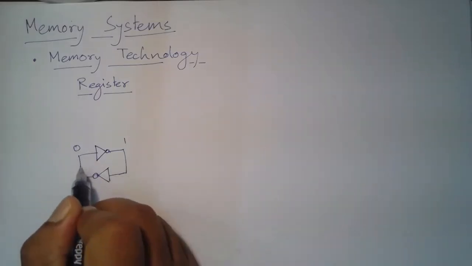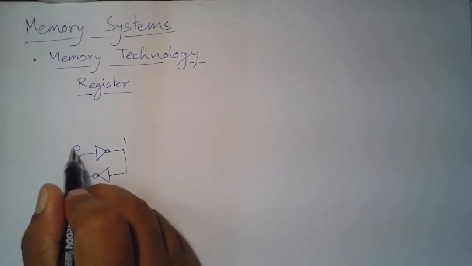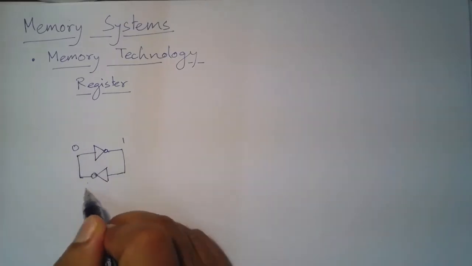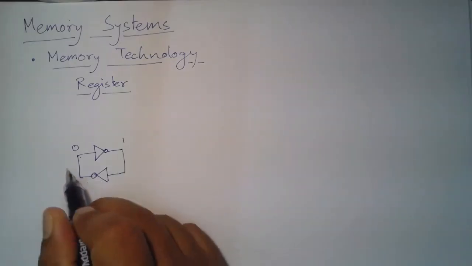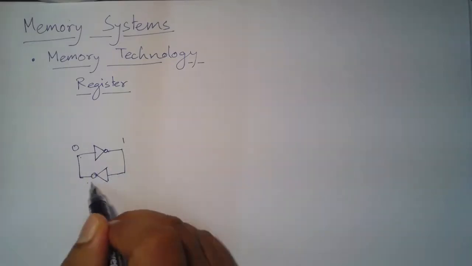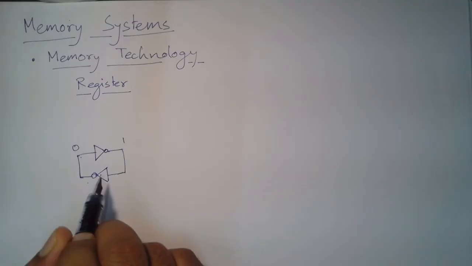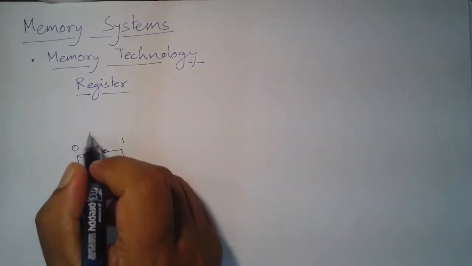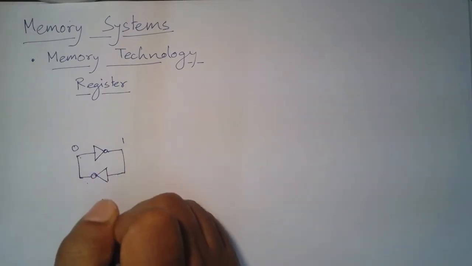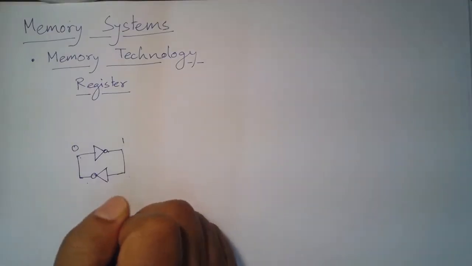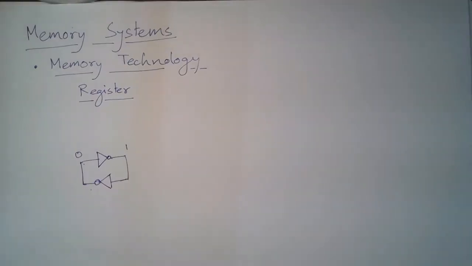So I will have some access to this part and I will feed a 0, and then this 0 will remain because this 0 will be converted to 1 and 1 will be converted again to 0, and this will remain in this state as long as the inverters get the power supply which is required, right. So this can be a very simple cell which can store a single bit, right.